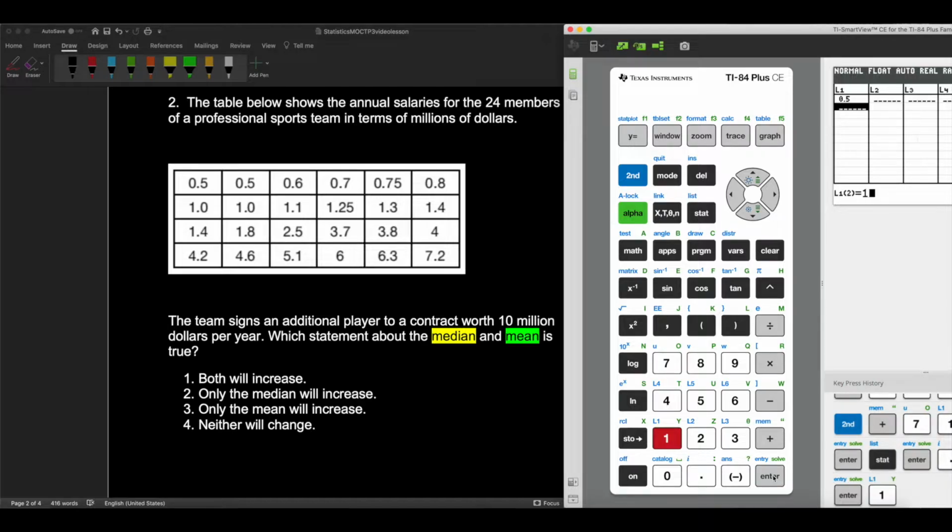0.5, 1, 1.4. One day I'll learn how to edit this and I'll be able to fast forward this part. 4.2, 0.5, 1, 1.8.